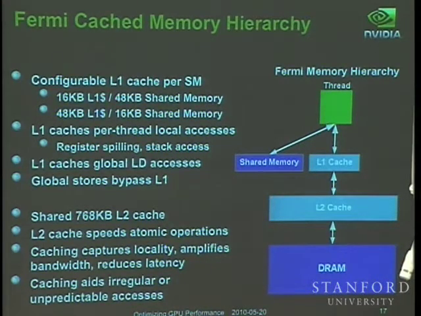The L2 cache also speeds up atomic ops. Let's say I'm doing atomic add to memory. Atomic add has to read the current memory location, add a value to it, and write it back, all atomically.